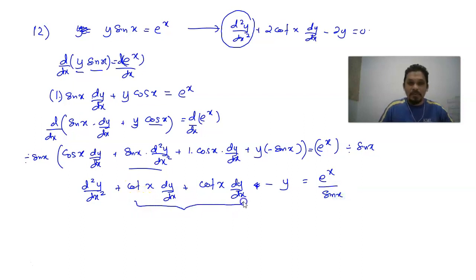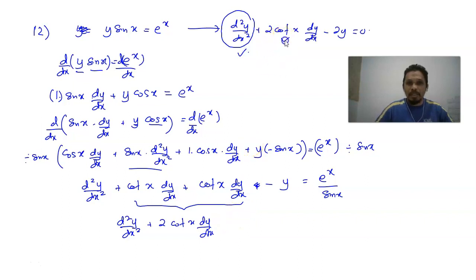So look at these two: second derivative of y with respect to x plus 2 cotangent x dy/dx. The first part is already here, then the second term is here. What else? Minus y.